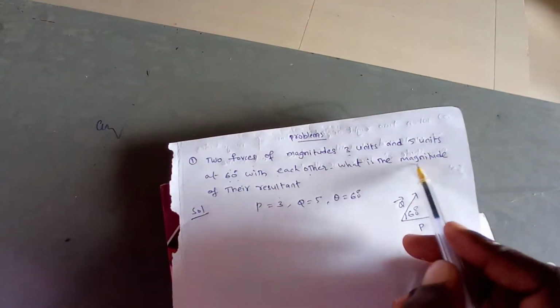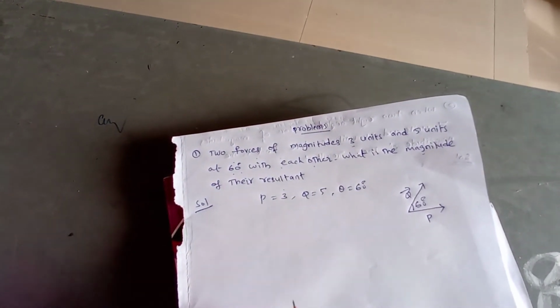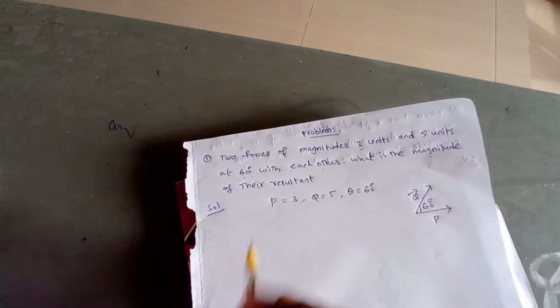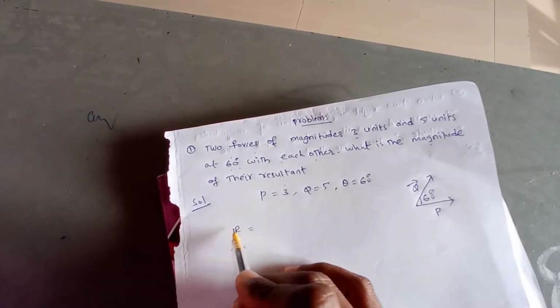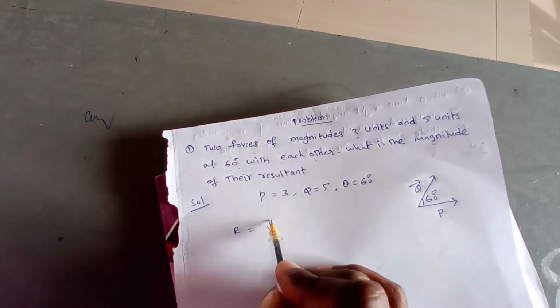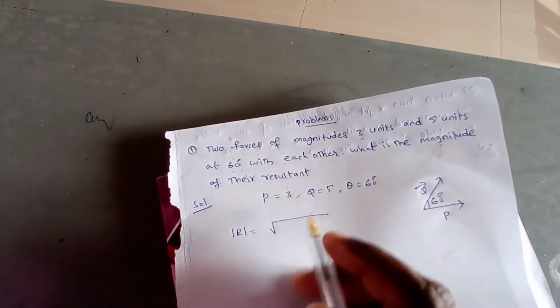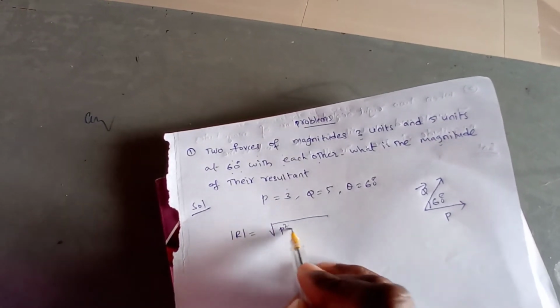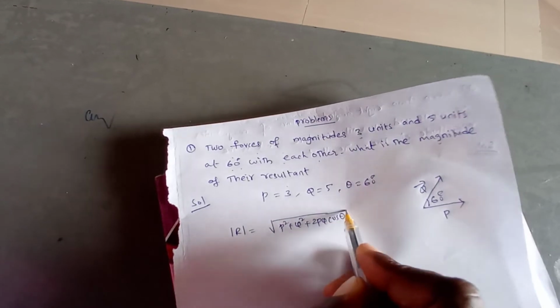We have to find the magnitude of the resultant. So what is the formula to find magnitude? That is R, R means resultant. Resultant equal to modulus R, that means magnitude of resultant, under root of P square plus Q square plus 2PQ cos theta.